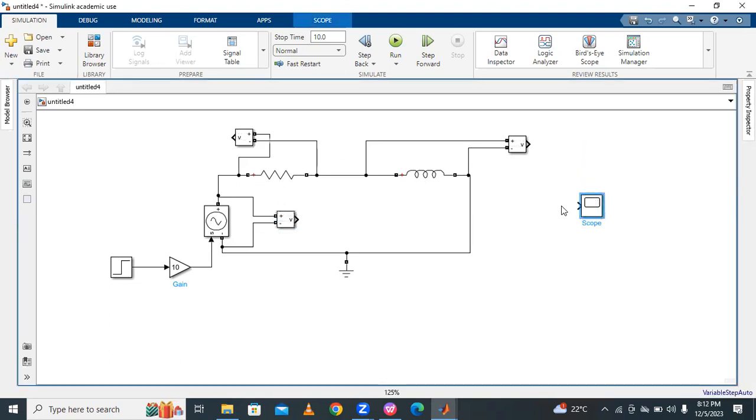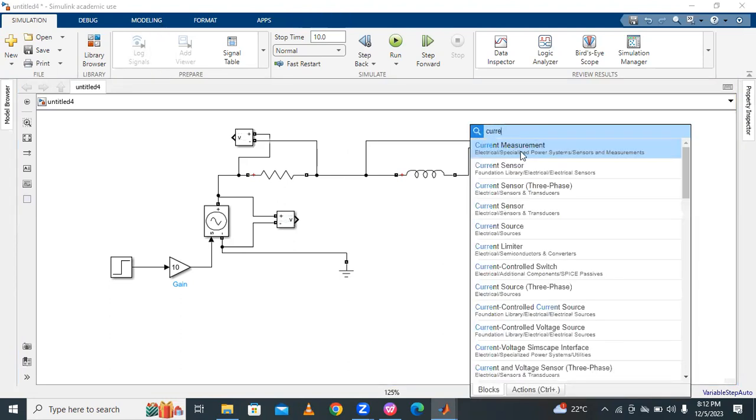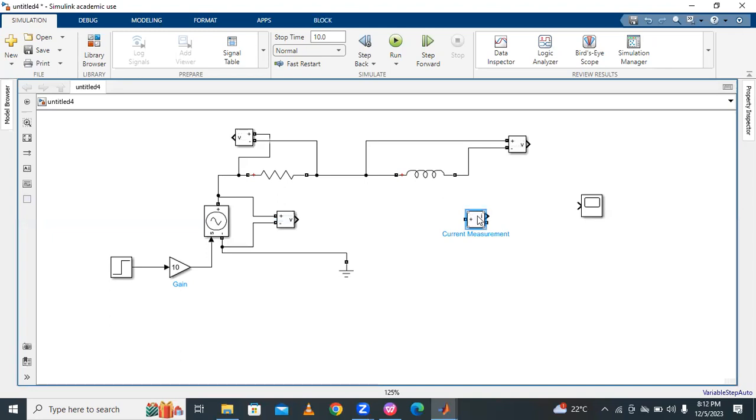Voltage measurement and the current, so also take one current measurement. Okay. Take current measurement and place here. Connect positive here and negative to the circuit, like this.